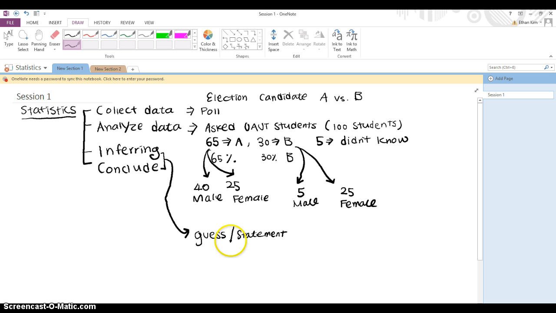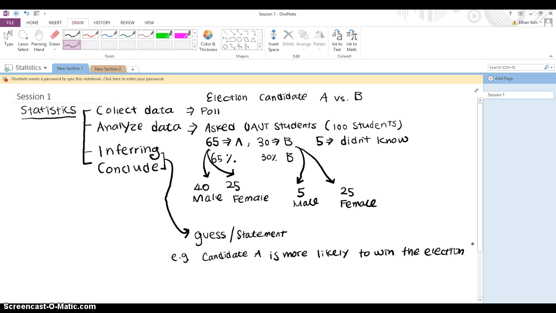So we can say, for example, that candidate A is more likely to win the election, right? So that's a statement. Well, based on this data, we can safely say that A has more support than B.